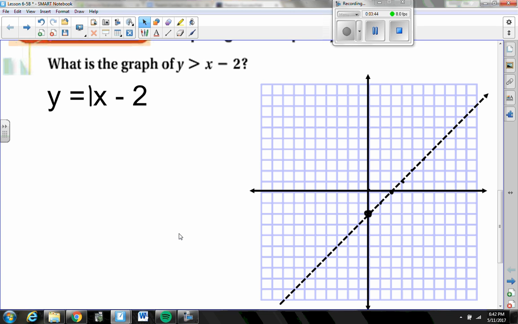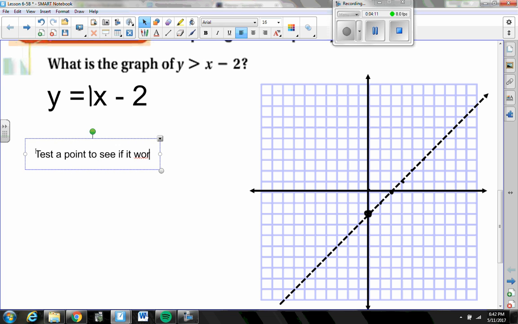Now I need to decide which half of my graph to shade in to show the points that work in this inequality. I can shade this side over here, or this side down here. To figure that out, I'm going to test a point to see if it works.